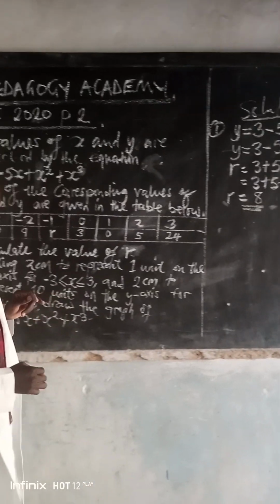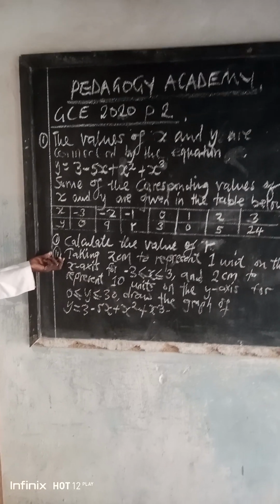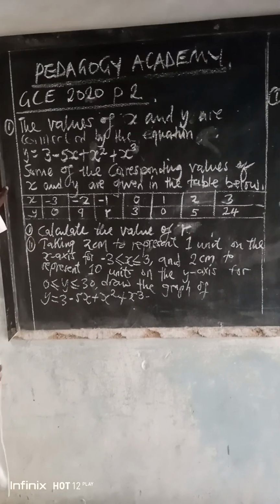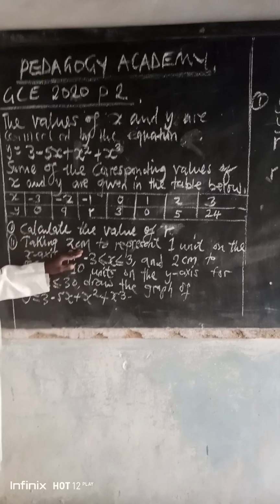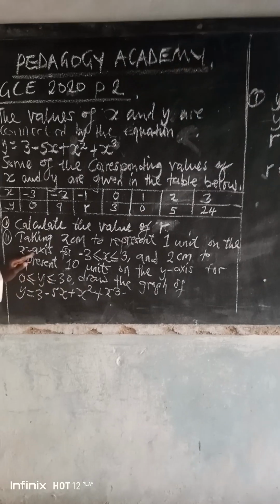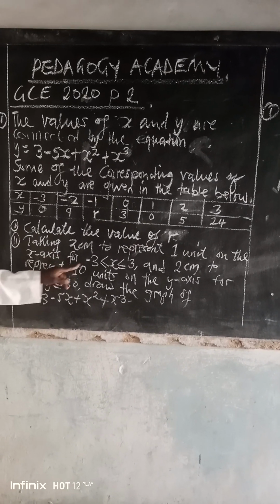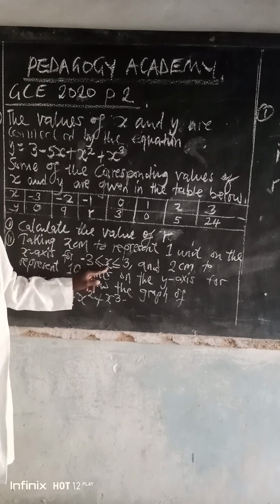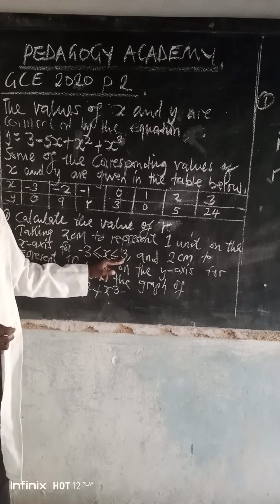Now we have the second question. Here we have been asked to come up with a graph. The question reads: taking 2 centimeters to represent 1 unit on the x-axis, for the range -3 is less than or equal to x, which is less than or equal to 3.